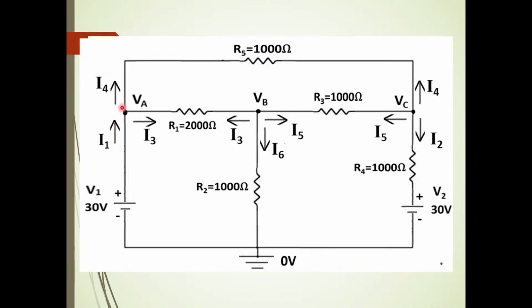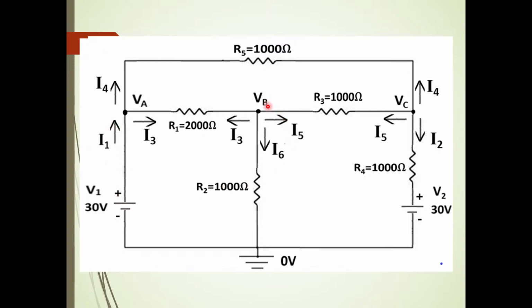But I have mentioned them, because we need to determine the current flowing through R5 and the current flowing through R3. That's why I have mentioned I4 and I3, and I have assumed the source current with some notation, I1.